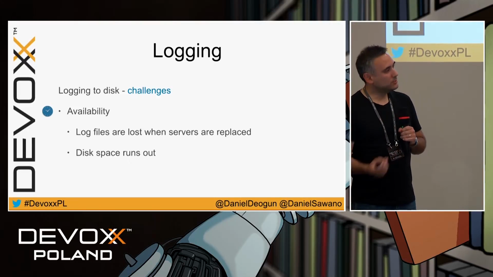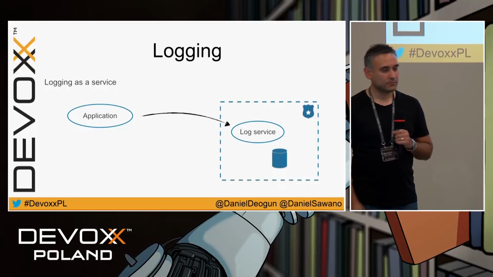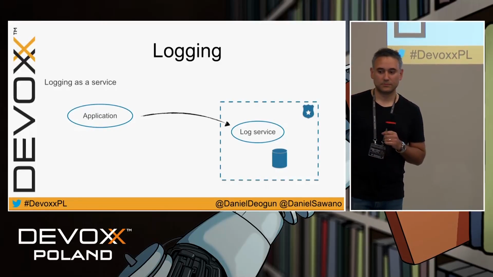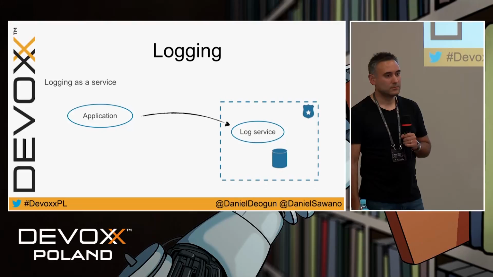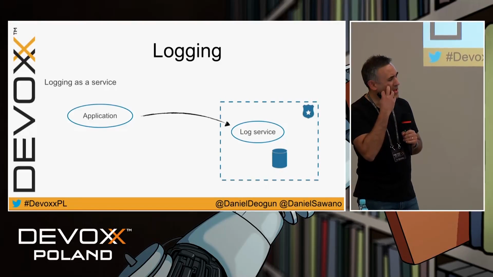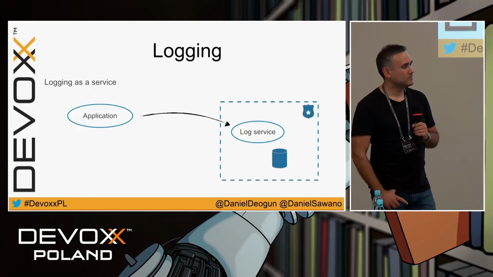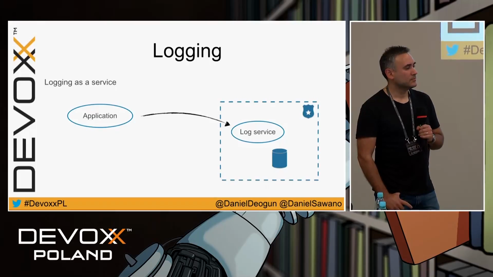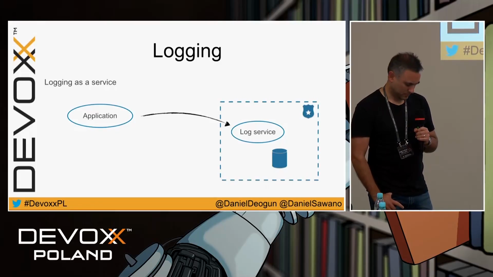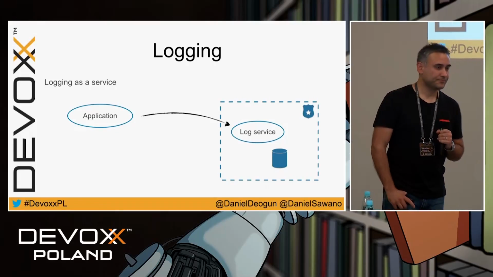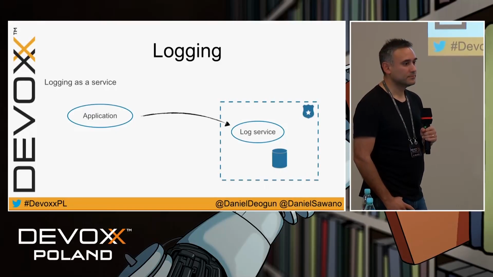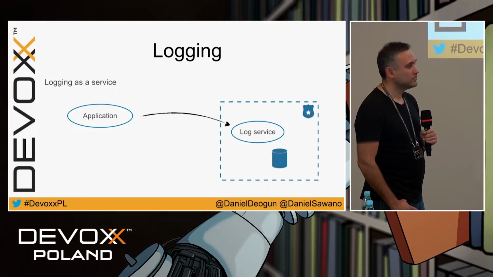Okay. So how should we do it then? Well, as the guidance says, use logging as a service. The basic idea is really simple. You have a dedicated service that you send your log message or log event to instead of just writing it to the disk. And since you have a dedicated service that maybe some of your development teams are working on, log handling is their primary concern.